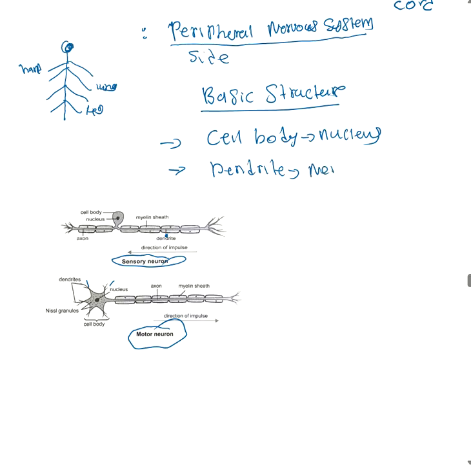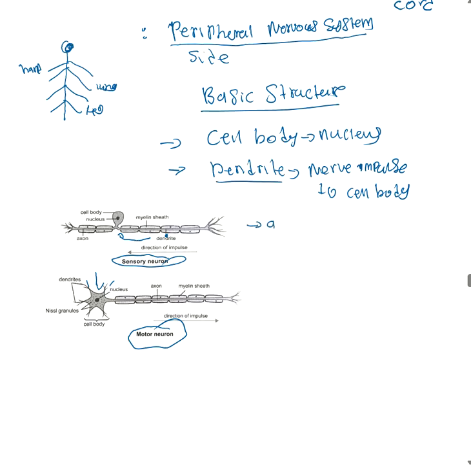The nerve impulse is the message of the central nervous system or peripheral nervous system, of these two systems. These impulses are sent to the cell body through these dendrites. So the dendrites send information to the cell body. This is what we call a dendrite.